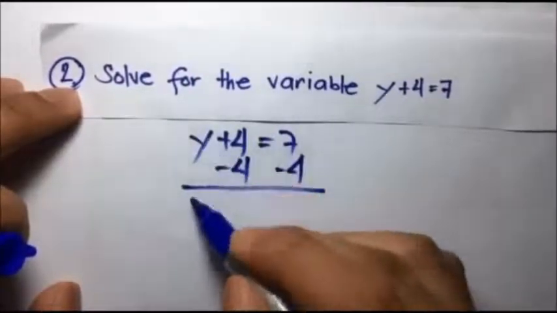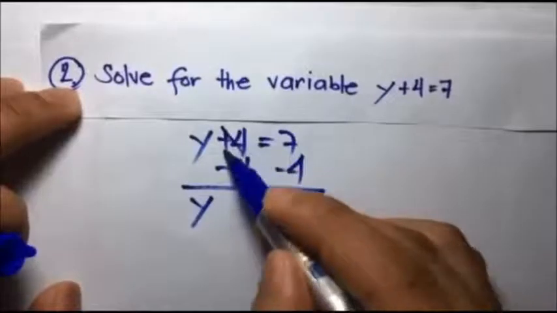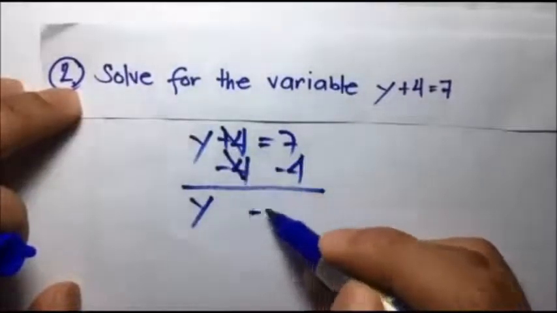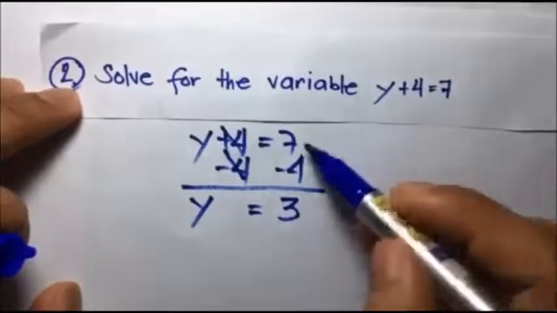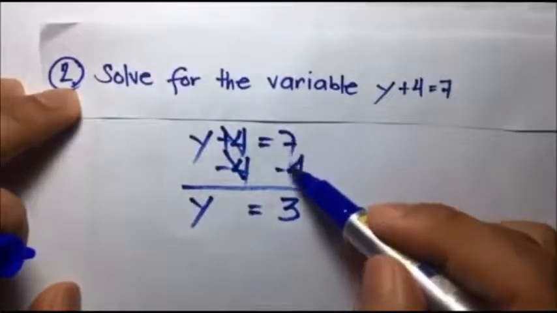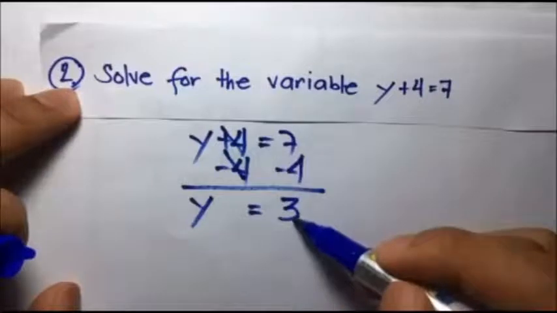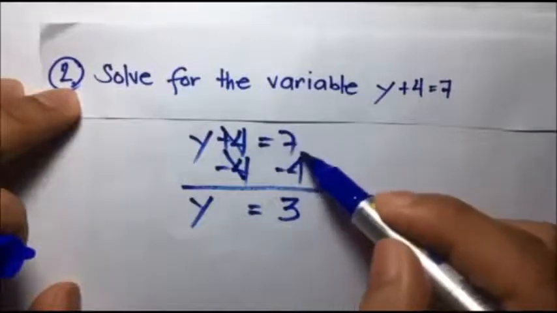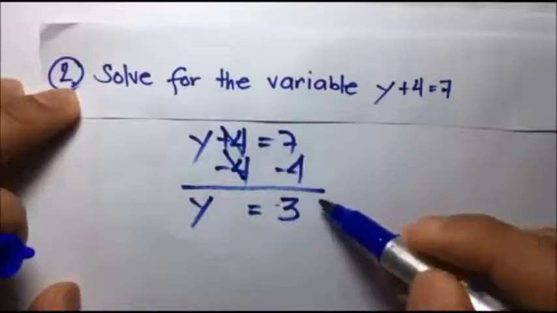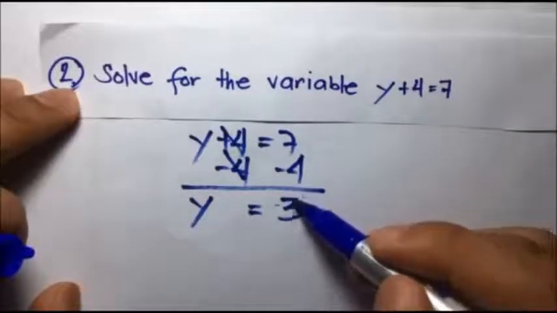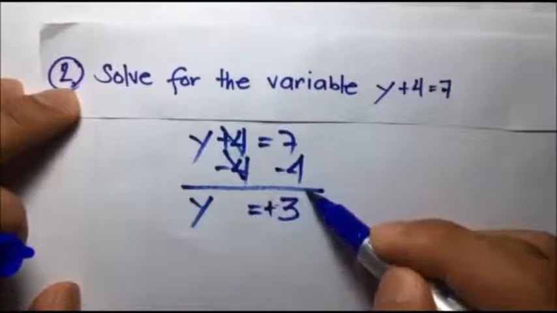Bring down y. The 4s cancel, becoming 0. It's equal to 3. Why 3? Because 7 - 4 is 3, and the sign of 7 is positive, so it's positive. So our y is positive 3.